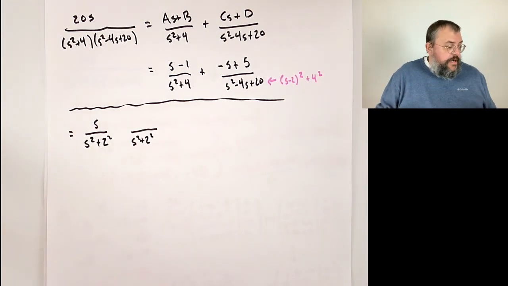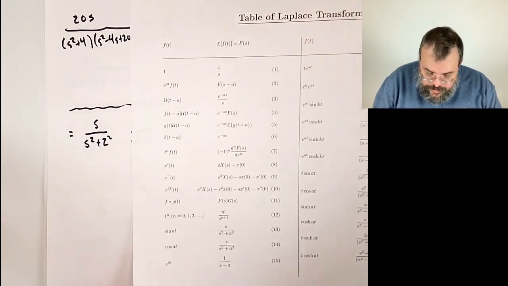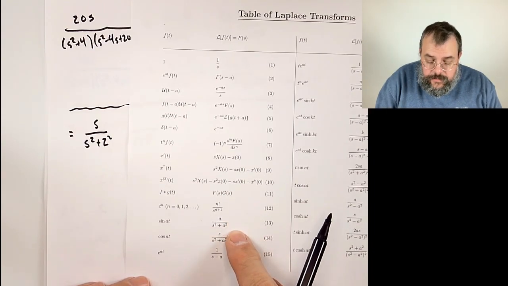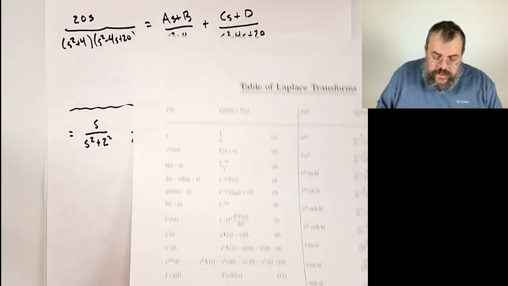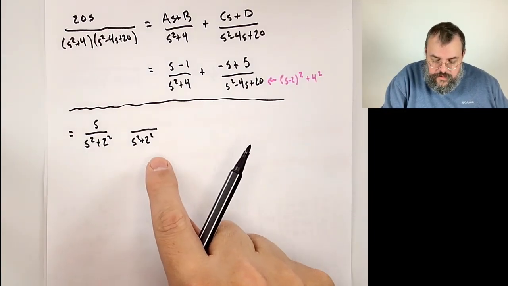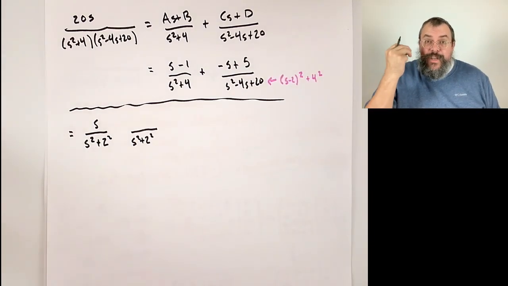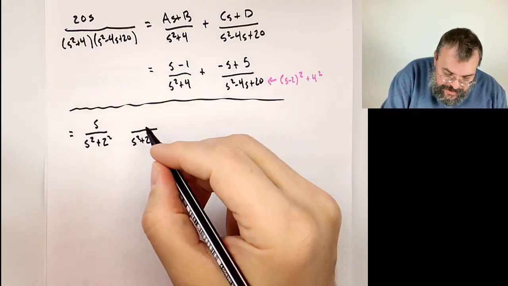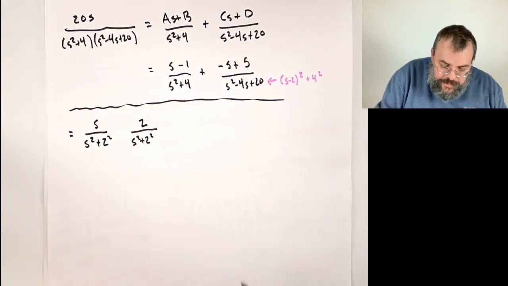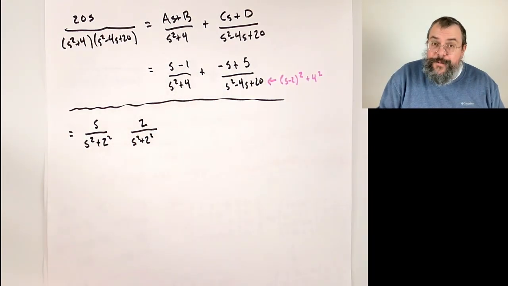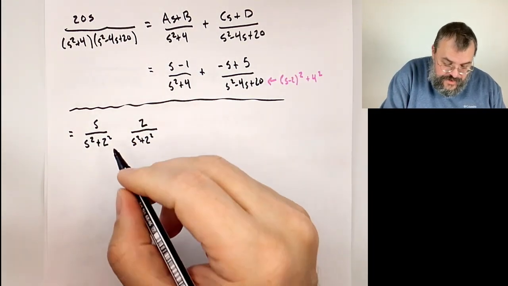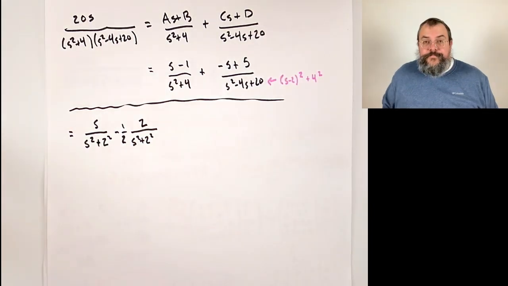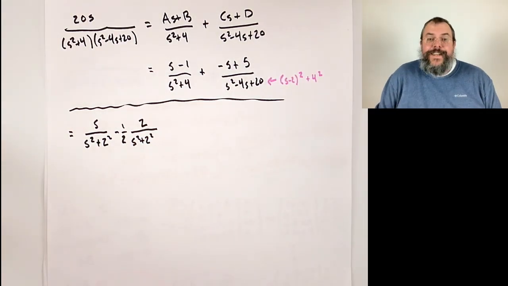Now notice if we're going to do sine, we would really want to have an a upstairs. It's a over s squared plus a squared. And our a squared is 2, so we'd really, really like there to be a 2 upstairs. So we're going to put a 2. But we should have minus 1. So minus a half.